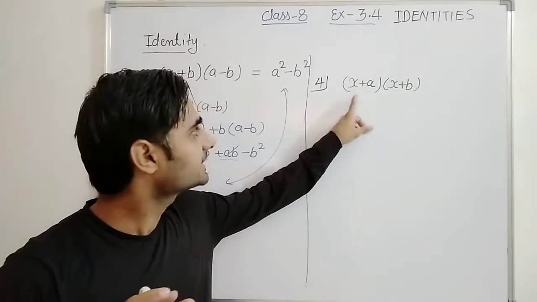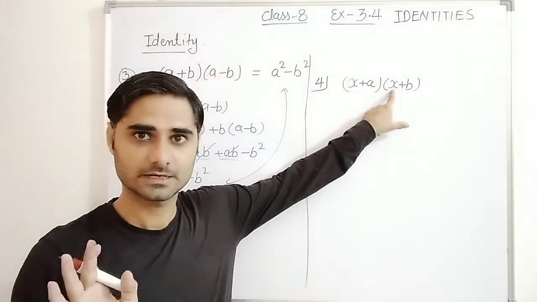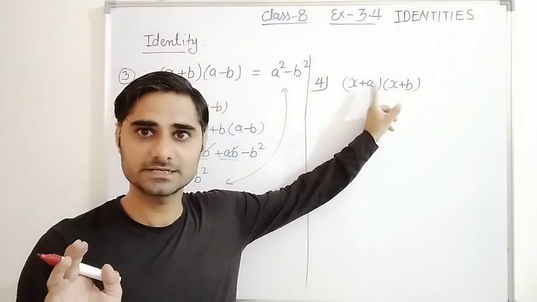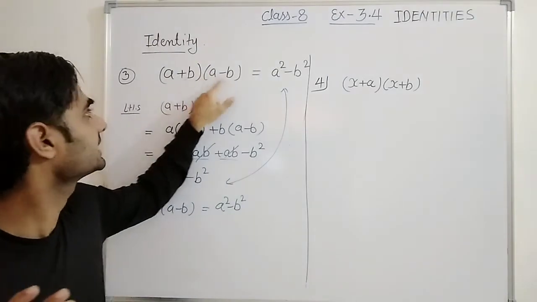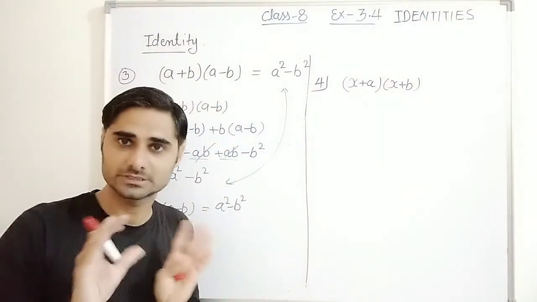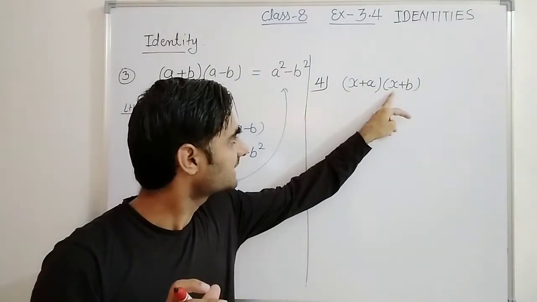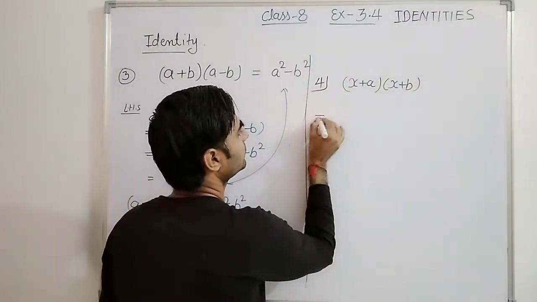In this identity, see, the first one is x, here also x. Correct? But the second term is different. First one is same and second is different. In others, first and second both were same. So this is the difference between the identities. First same x, second different a and b. So let's solve this one, and what will come?